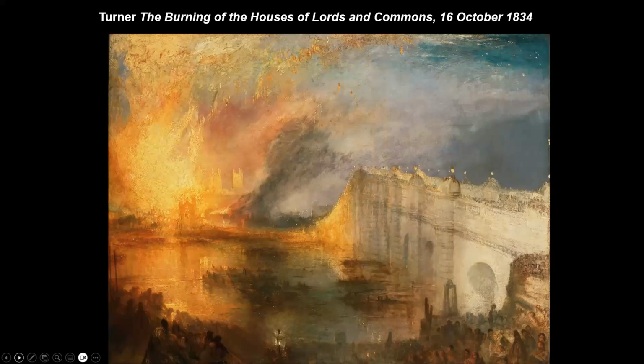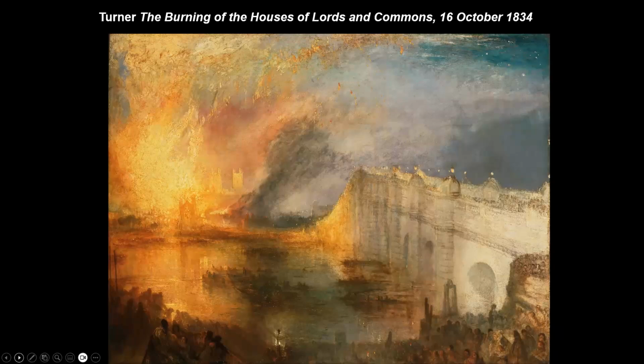You can just make out the towers of Westminster Abbey behind the conflagration, which is here depicted by Turner, who spent the whole night in and on the water on the Thames, trying to capture the spectacular effect of the Palace of Westminster going up in flames.